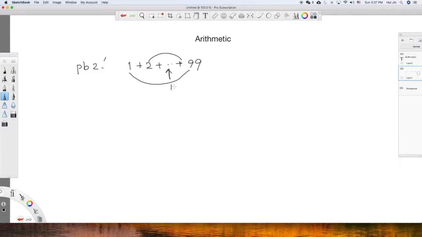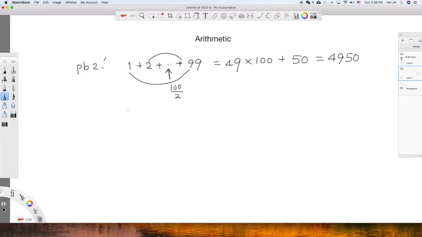Because for two terms to add up to 100 with the two terms being the same, they need to be 50, and these two numbers do not coexist, because all the numbers here are 1, 2, all the way to 99. So you can think about there are 49 pairs of 100, plus the term in the middle, that is 50. So this equals 4950.